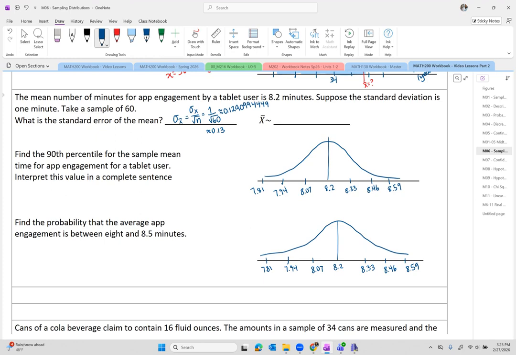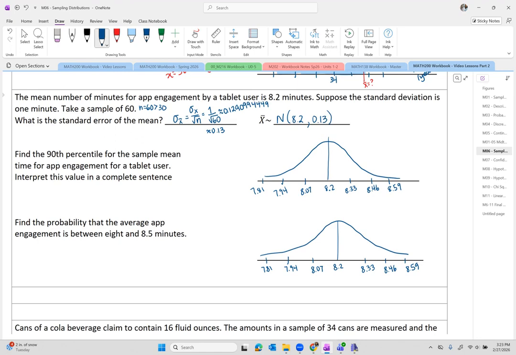The distribution of the sample mean, because the sample is n equal to 60, which is greater than 30, will be approximately normal. It will have the mean as the mean of the variable, which is 8.2 minutes. And it will have a standard deviation, the standard error for the sample mean, which is approximately 0.13.